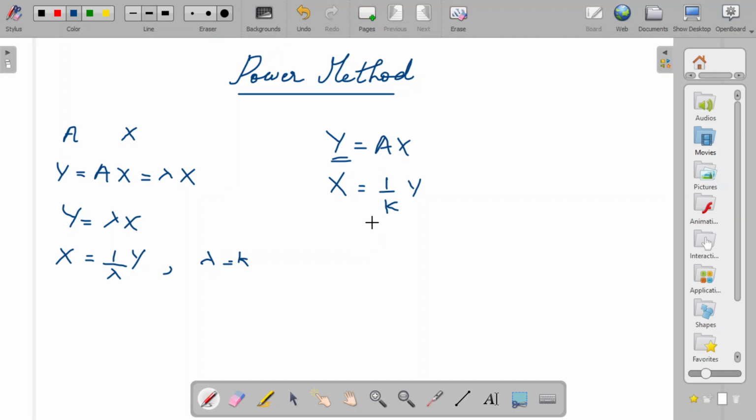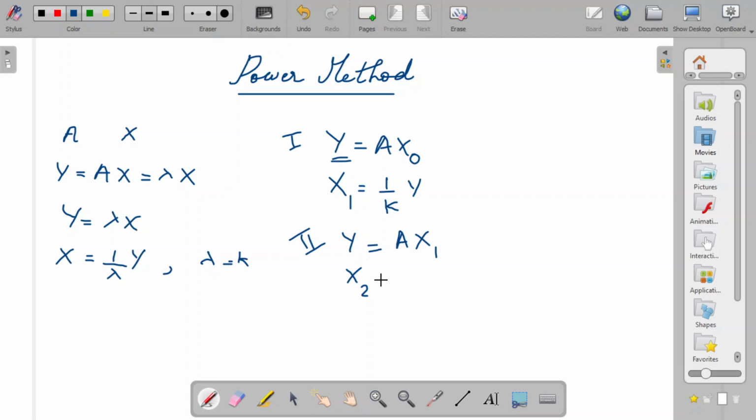Okay, so this I will go on doing in repeated steps. First I assumed x0, then I found y. Then I find the next value x1 as equal to 1 by k times this y. Then in the next step I again find y as equal to A times the new x1, where A is the given matrix.